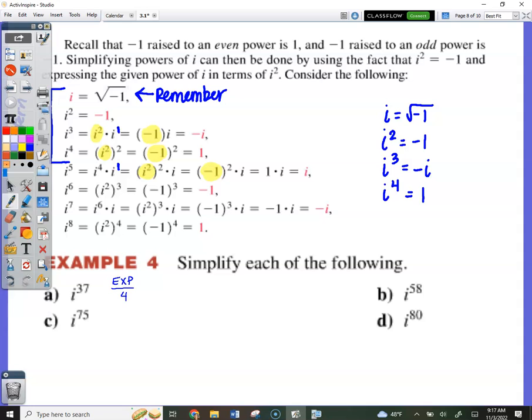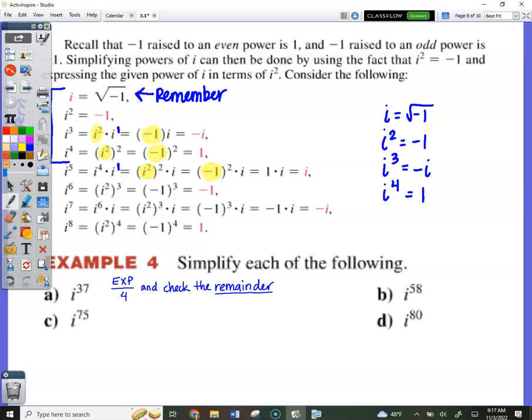I'm abbreviating. Take the exponent, divide it by 4, and check the remainder. You don't care what you get when you divide by the 4. What you care is what's the remainder, meaning what's the decimal.